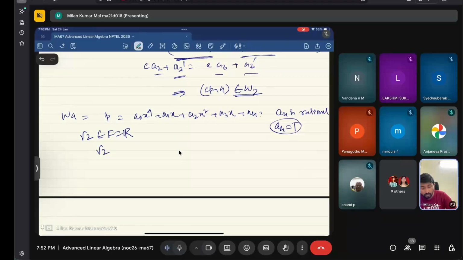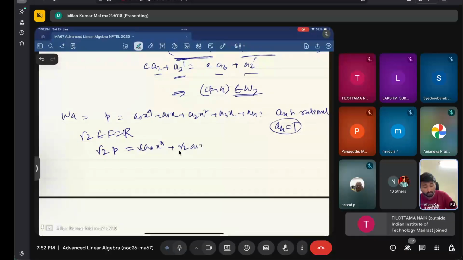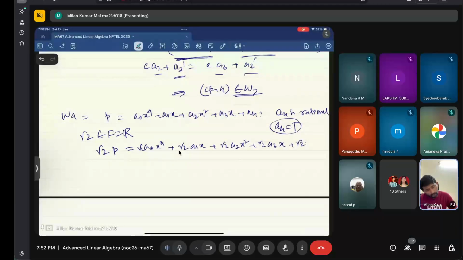Now multiply the square root of 2 with P, which is in W4. What you'll get is square root of 2 a naught x^4, square root of 2 a1 x^3, square root of 2 a2 x^2, square root of 2 a3 x, plus square root of 2 a4. I have taken 1, but a4 I'll write.